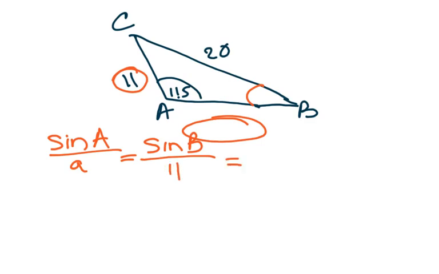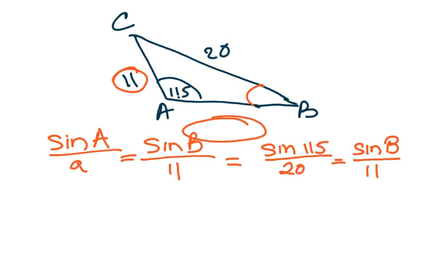So the sine of 115 over 20 equals the sine of B over 11, and we don't know what that angle is. See what I'm saying? So we have to figure this out.